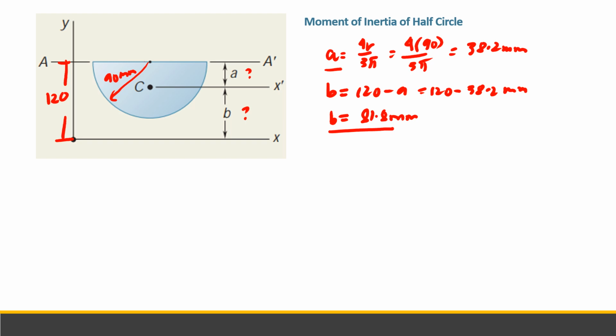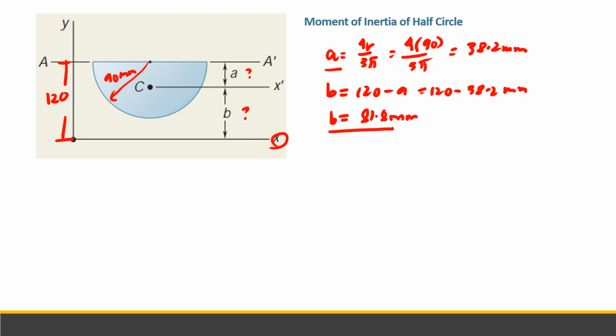Okay. So referring to the figure, we will now compute the moment of inertia of a half circle with respect to AA prime. So katulad ng triangle kanina, we need to solve the centroidal moment of inertia with respect to the x-axis.